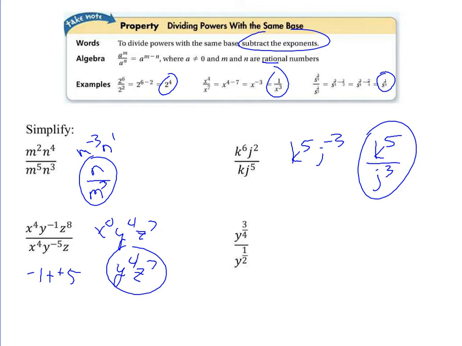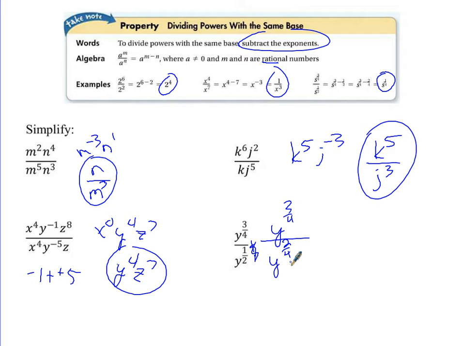All right, how about this last one? What do we need to do before we're able to do this division? Yeah, we need a common denominator of my fractions. My common denominator is going to be 4. So this turns into y to the 3/4 still, divided by y to the 2/4.